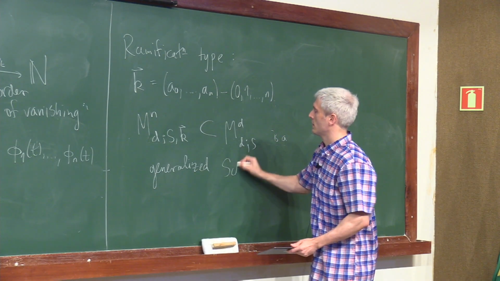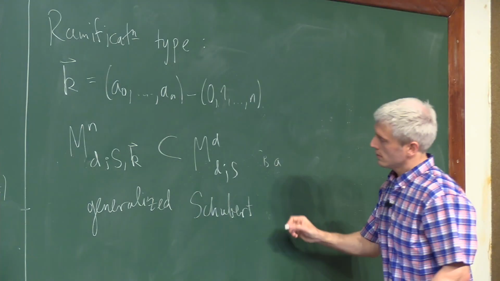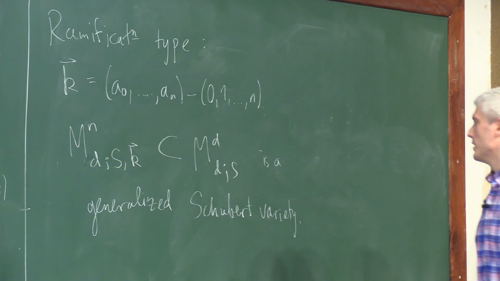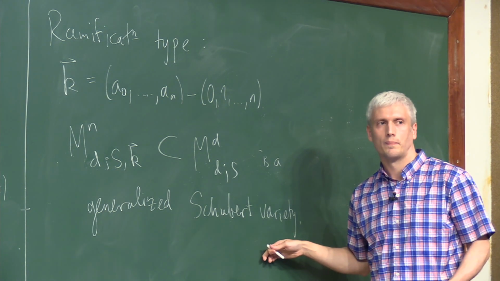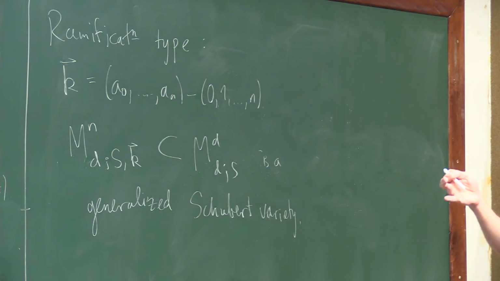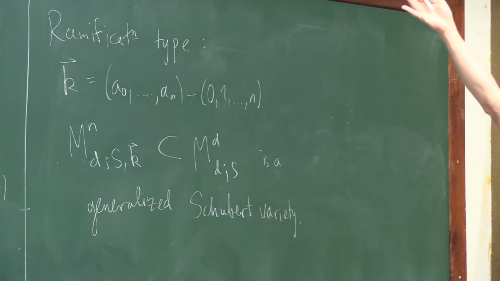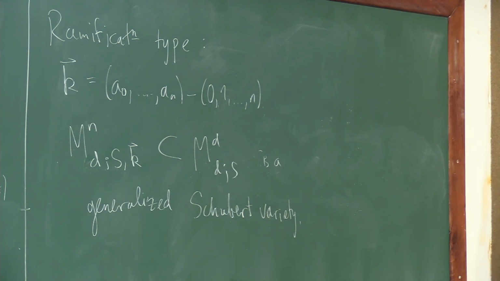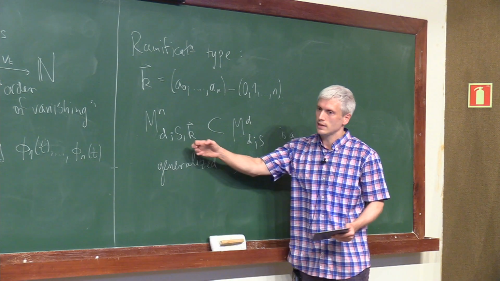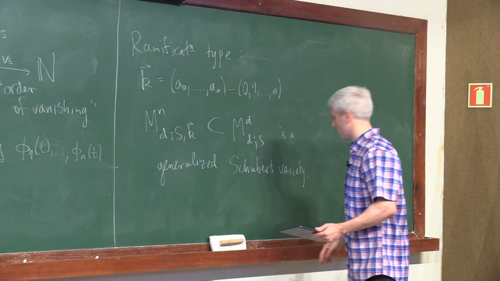How does the Schubert variety arise in this context? A Schubert variety would be associated to a generic cusp, where you don't have any unexpected conditions on the coefficients aside from those imposed by ramification. So in some sense, these spaces, Mn, ds, whatever they are, are paved by generalizations of Schubert varieties. And it's these that I'm going to focus on for the duration.